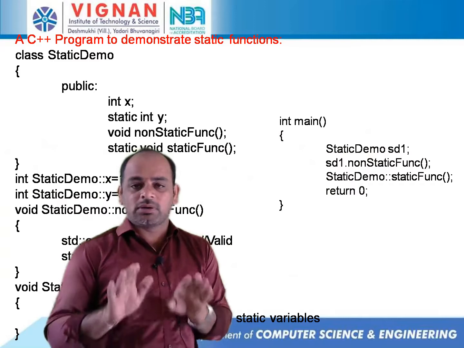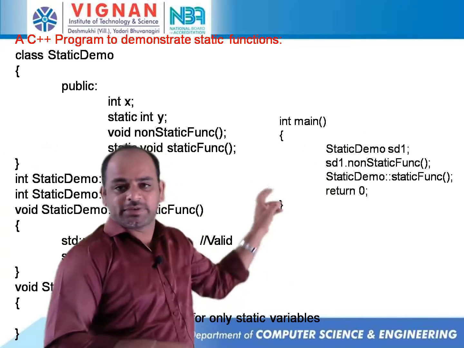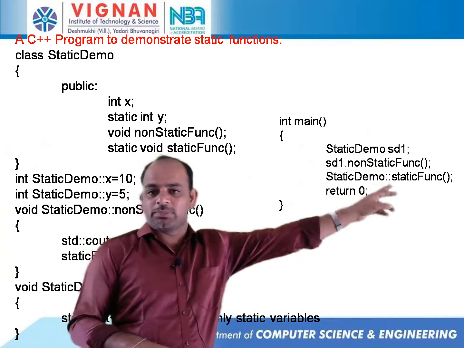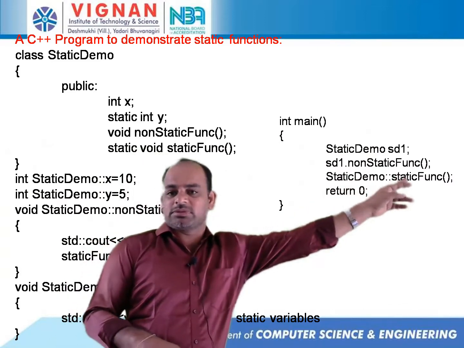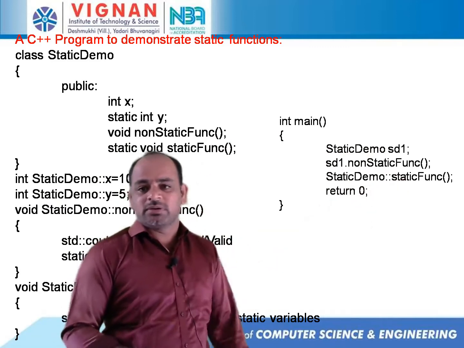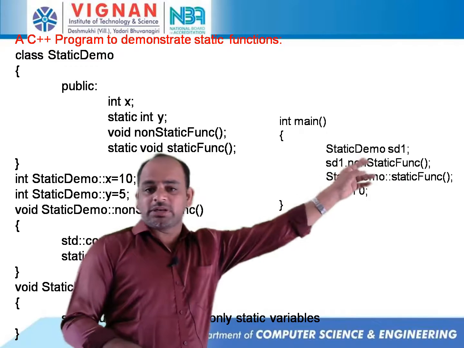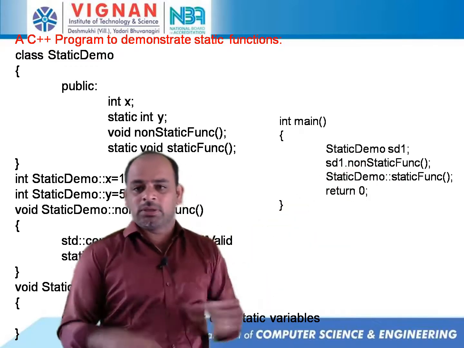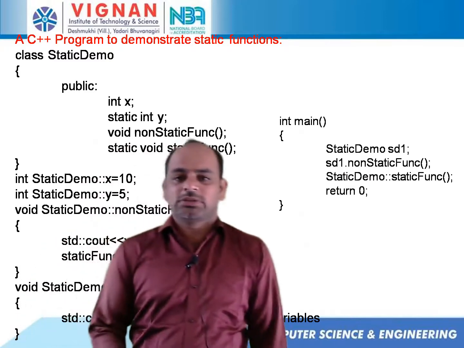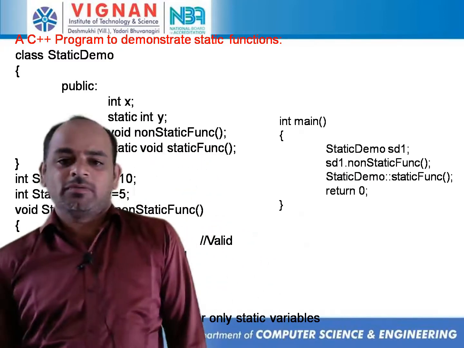You can call them by using the class name itself. StaticDemo is the class name, followed by the scope resolution operator and the static function. This static function can be called here, return 0. So what does it display? The non-static function displays the values of x and y, and the static function displays the value of y, right? So this is about static member functions.